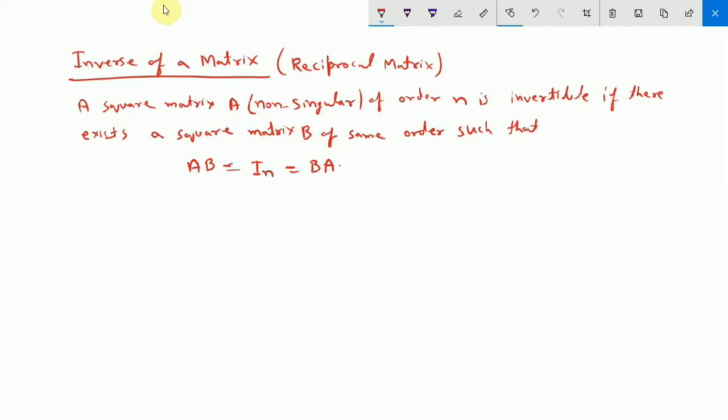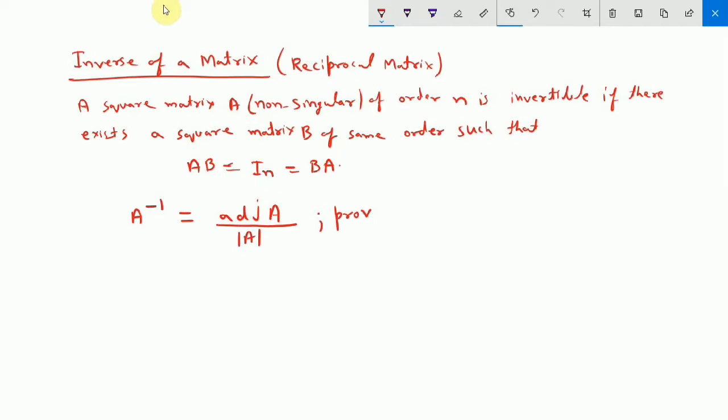So in this way, the formula for A inverse, denoted by A to the power minus 1, we calculate as the adjoint of A divided by the determinant of matrix A, but the determinant of A should not be 0.